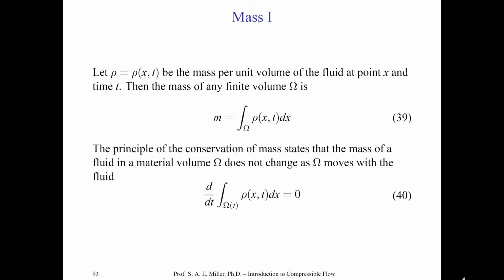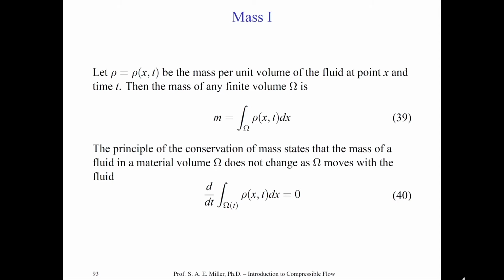Here, m will be the mass at a single point in space-time, and it will be written as a volumetric integral over the fluid parcel of rho dx. And so this is a triple integral over the volume, of course, in x, y, and z in 3 dimensions, which varies with time. And so we finally define mass as a function of density.